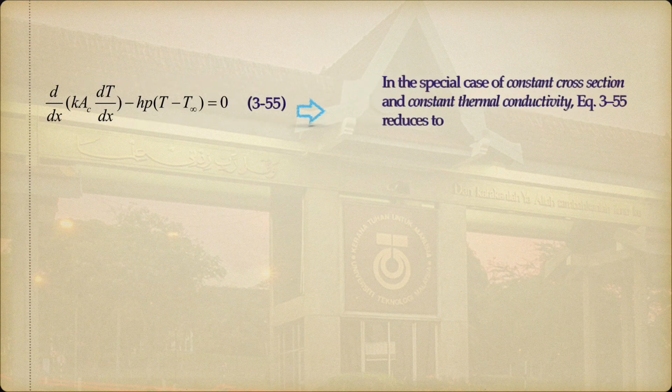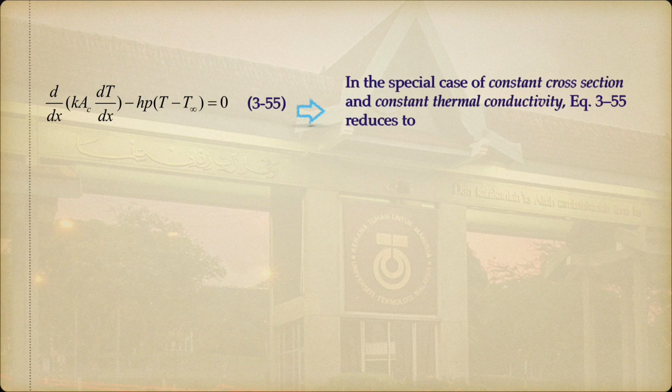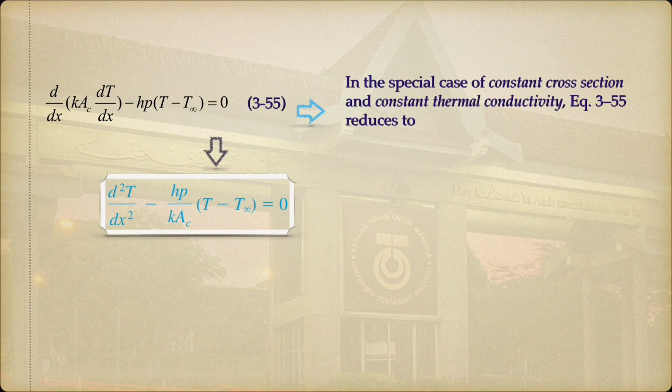In the particular case of constant cross-section and constant thermal conductivity, the differential equation 355 reduces to equation 356.